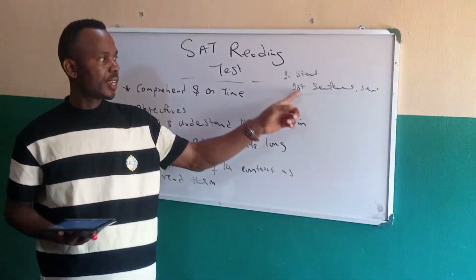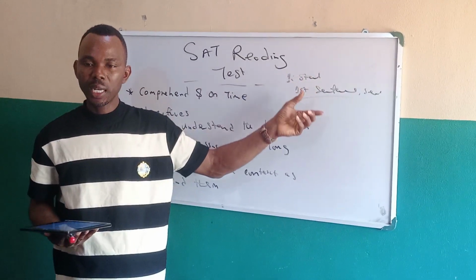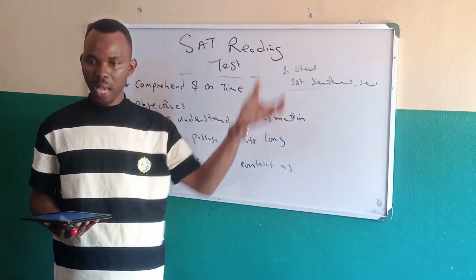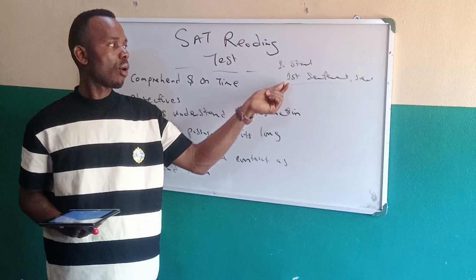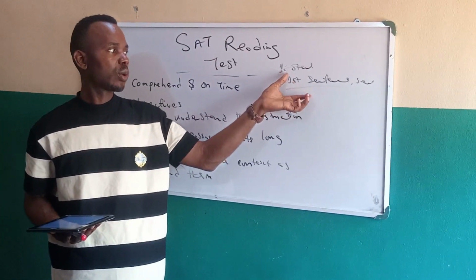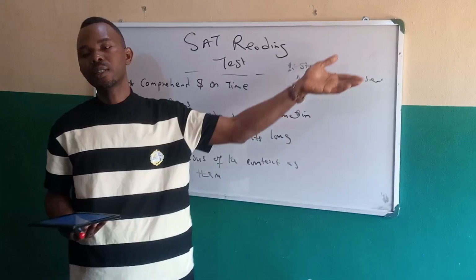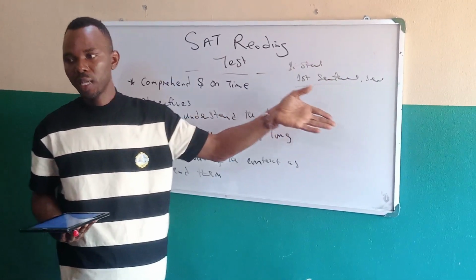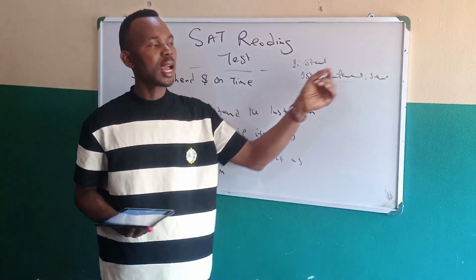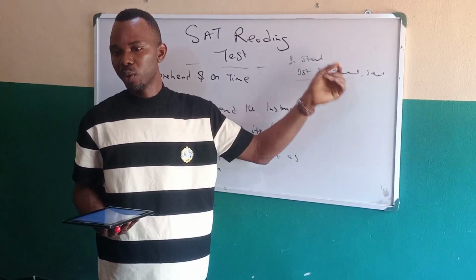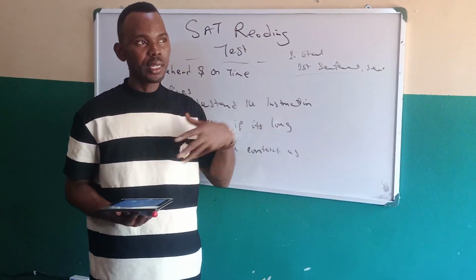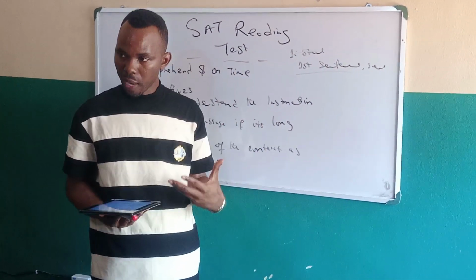It is in that first sentence that the author declares his intention for the entire paragraph. Though at times some authors can slide it into the second sentence. That is why it is advisable you read the first and second sentences. When you do that, you will understand the author's intention for that paragraph.